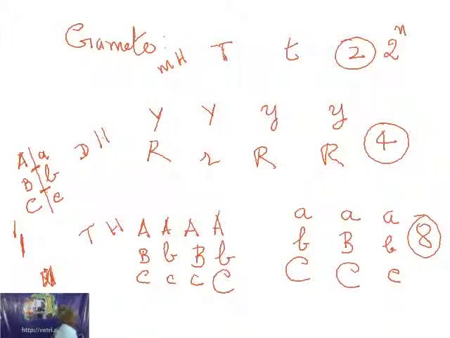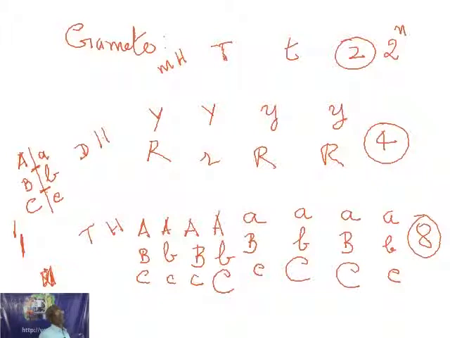Here it is small a, capital B, small c. Now you will find that all the 8 are different gametes. So nothing is getting repeated. So this is how you will be writing the 8 gametes for a trihybrid cross. So the number of gametes produced will be 8 for a trihybrid cross.